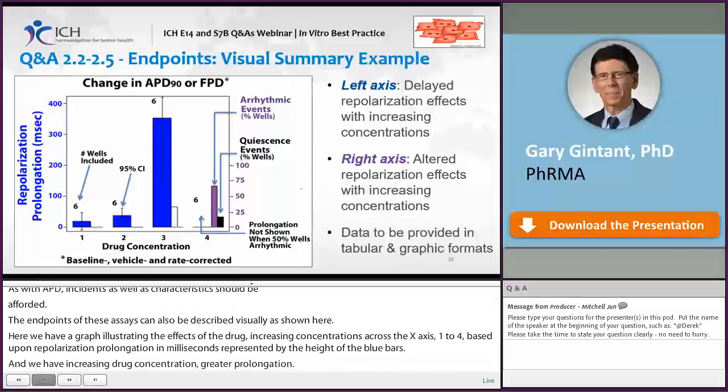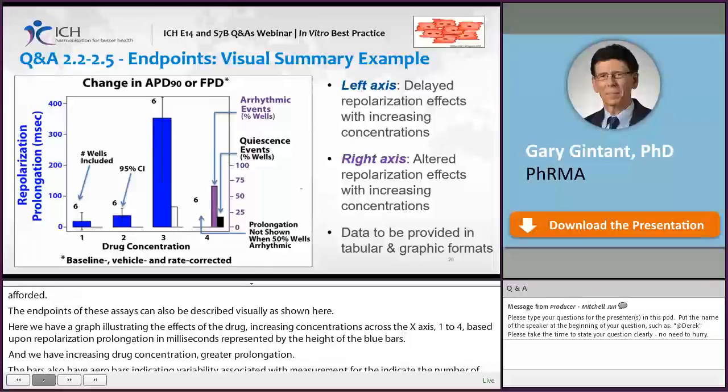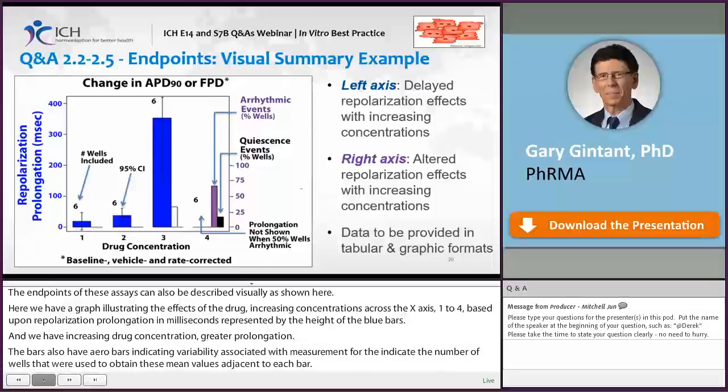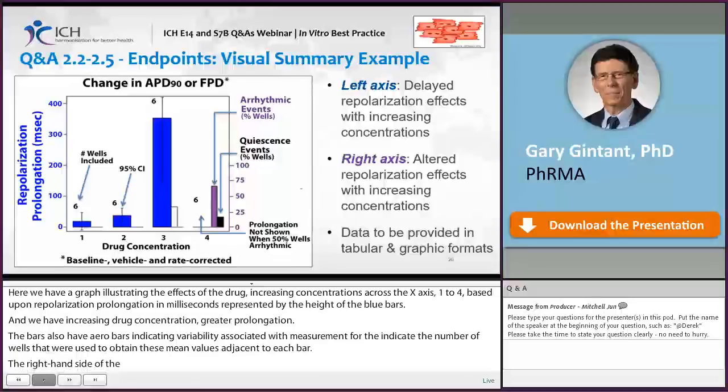They also indicate the number of wells that were used to obtain these mean values, the number of wells recorded adjacent to each bar. The right-hand side of the graph illustrates the arrhythmic events, that is the number of wells in which one may see altered or early afterdepolarizations, as well as the incidence of quiescent events, the number of wells in which spontaneous beating may cease because of the drug.